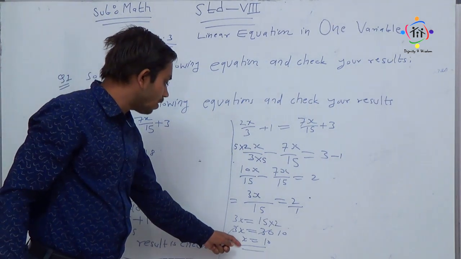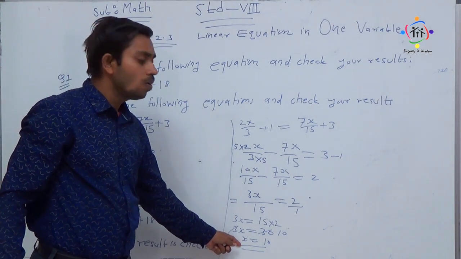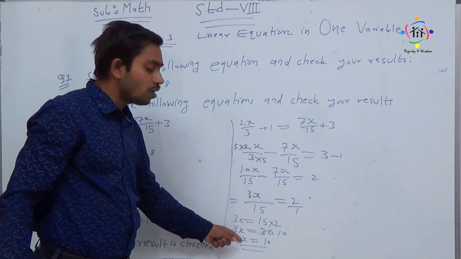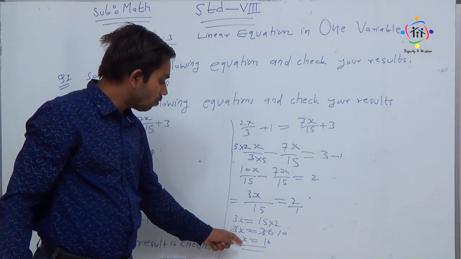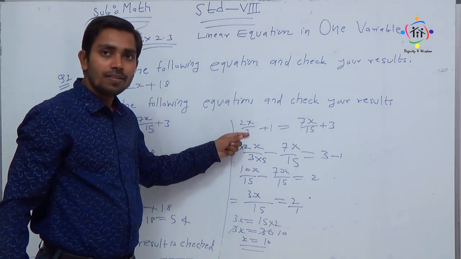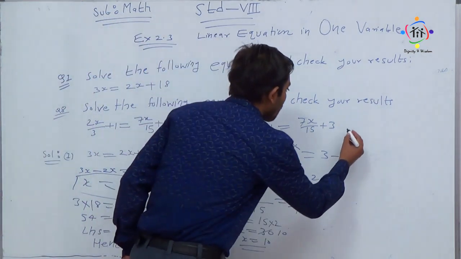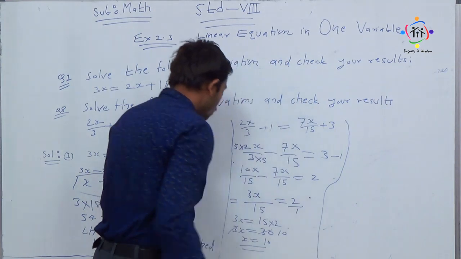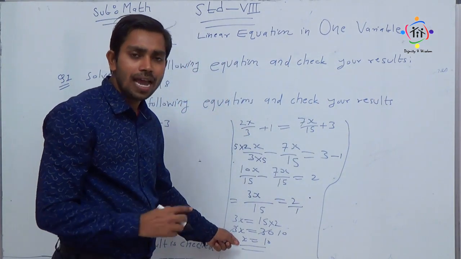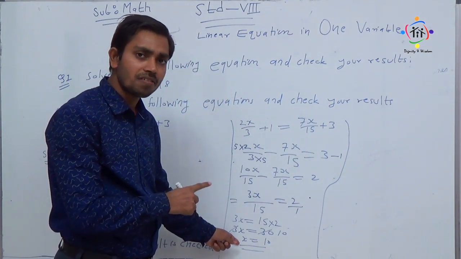Now how to check whether this is a correct value for this equation or not? What to do, my dear students? I have to substitute this value in this equation. So let me put it here, then we will come to know: when LHS equals RHS, that means it is the correct solution.